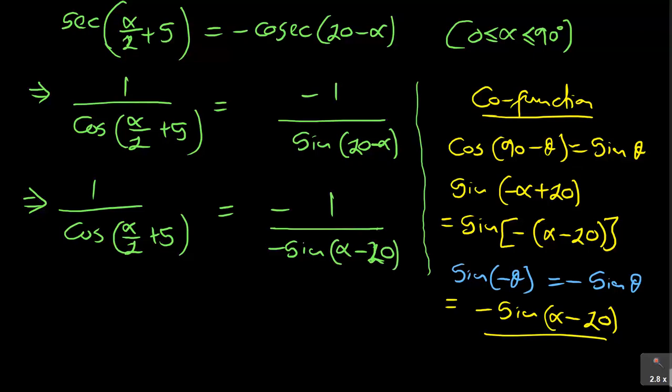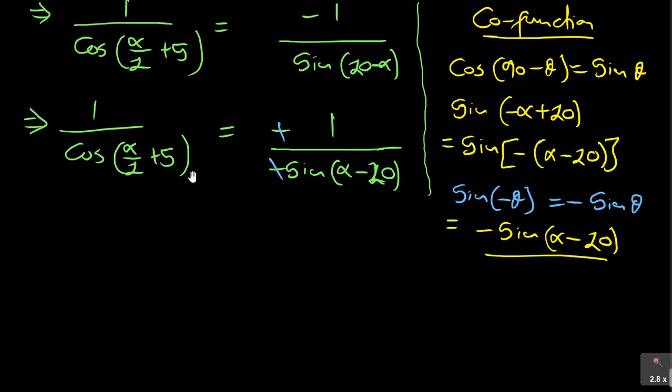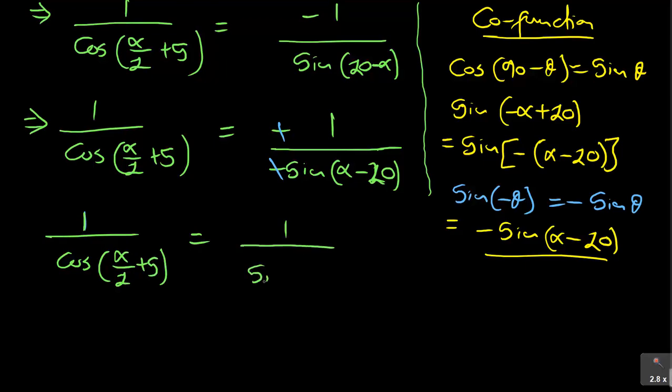So now this helps me to get rid of this particular negative sign. You see, this and that have now cancelled. So now what I have is 1 over cos of alpha over 2 plus 5 is equal to 1 over sine of alpha minus 20. As I said, I'm going to use the cofunction there.